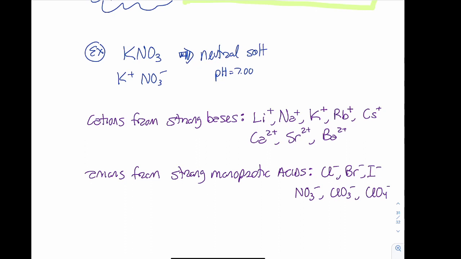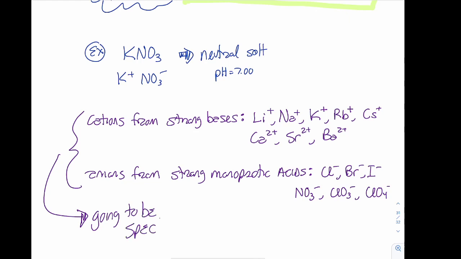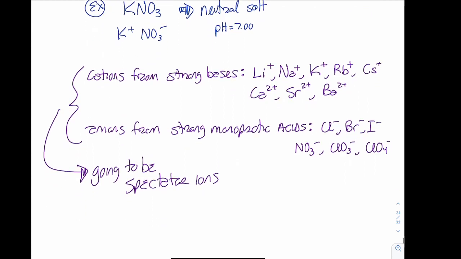So these are always going to be spectator ions. Again, remember, spectator ions are ions that are not reacting, not undergoing a chemical change. These are going to be inert.